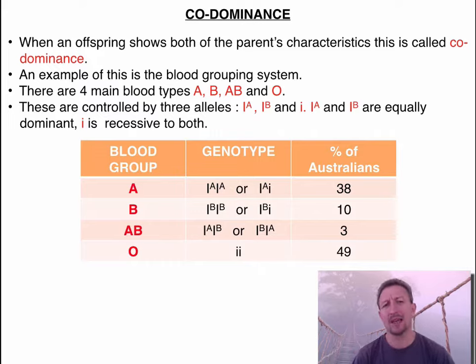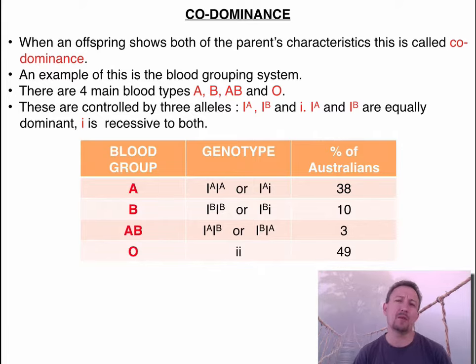If you're blood group A, you can have the allele I A, which is a homozygous dominant genotype, or you can have the heterozygous form, which is I A and then the recessive i. The recessive i just does as it's told, and the capital I A dominates over that recessive form, so you're still blood group A. The same is true for B. You can have the homozygous I B, or you can have the heterozygous I B little i. Again, the I B would dominate over that recessive form.